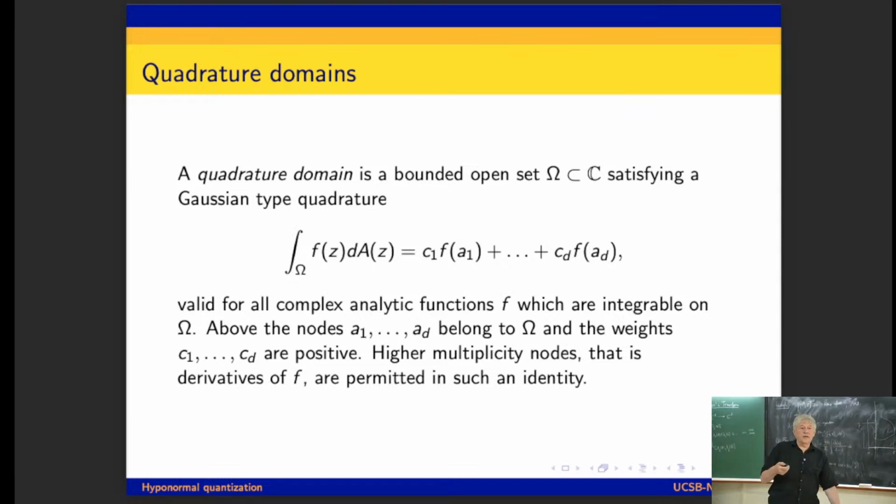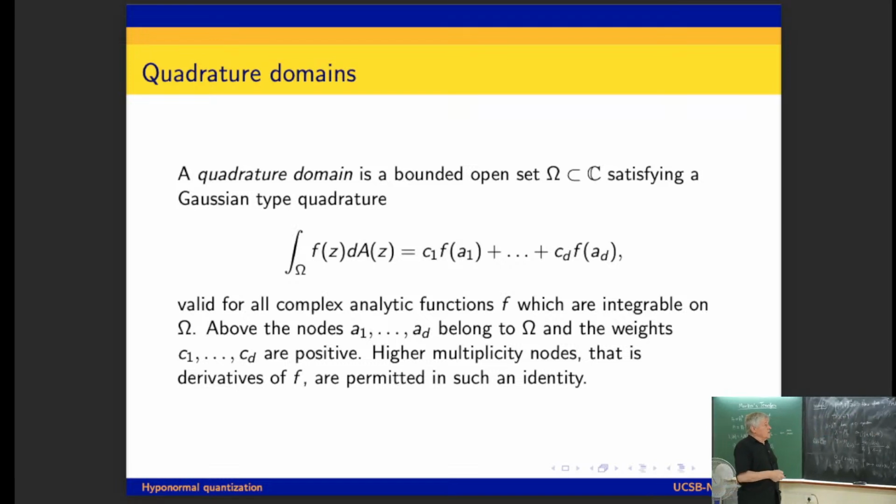So if you know a little approximation theory, usually you impose quadrature formulas for polynomials up to a fixed degree, a finite dimensional space. Here you impose the same quadrature formula for an infinite dimensional space. So it's very special. These are the nodes, C are the weights, and you can have higher multiplicity with derivatives there and so on.